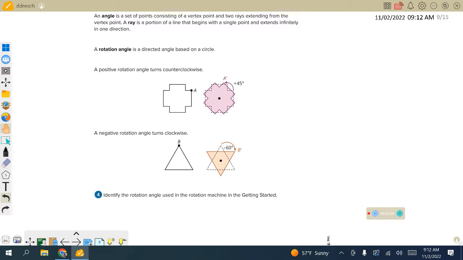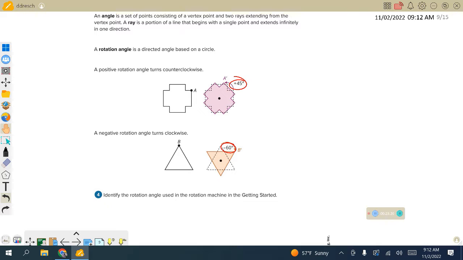Okay, so they rotate at 45 degrees, and what we want to start talking about here is, we didn't talk about this yesterday. We talked about clockwise and counterclockwise, but in math, our rotations can also take on either positive or negative, and depending on what that positive or negative is, tells me it was either counterclockwise or clockwise.